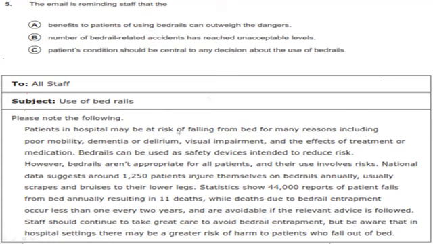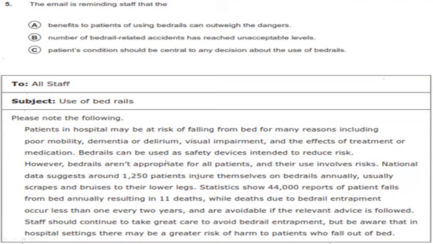At the start, the writer is trying to tell us that there is a risk of falling from bed, and this is why the bed rails are very important and helpful for the patients.